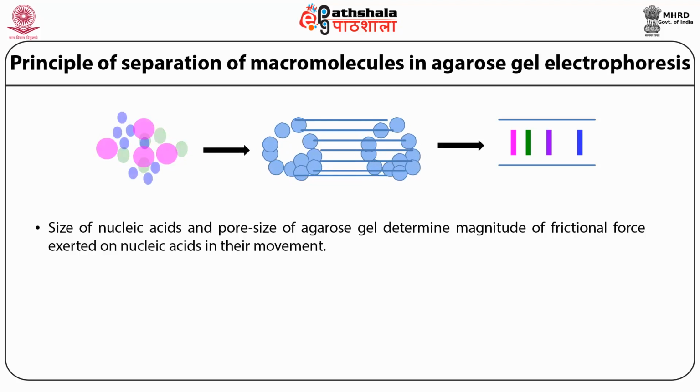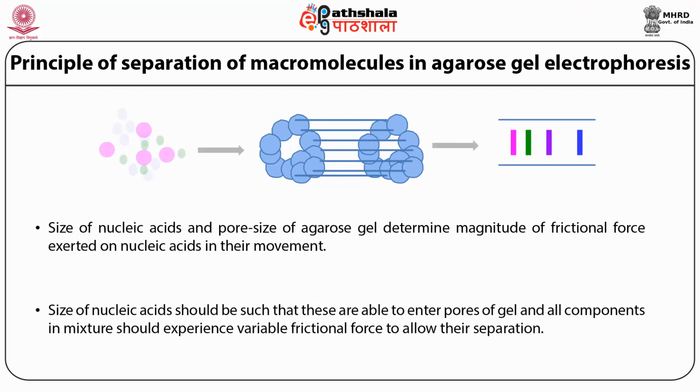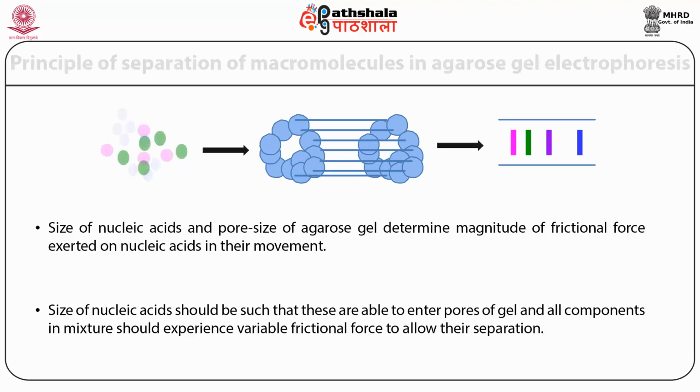Pore size of agarose gel is dependent on concentration of agarose. Size of nucleic acids should be such that these are able to enter pores of gel, and all components in the mixture should experience variable frictional force to allow their separation.